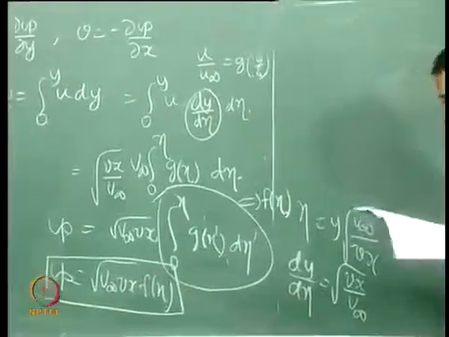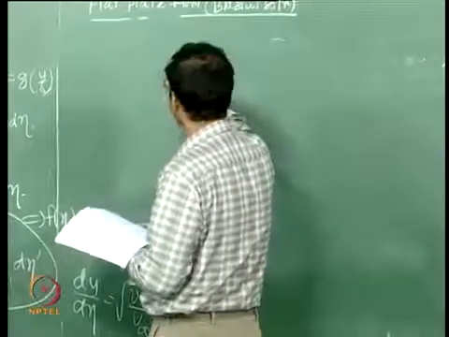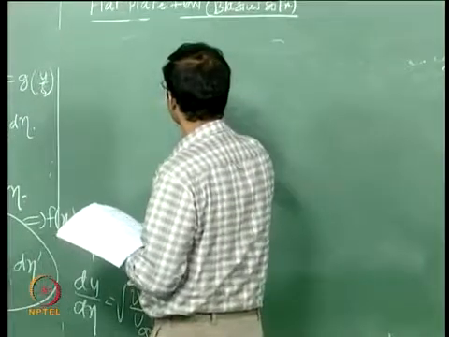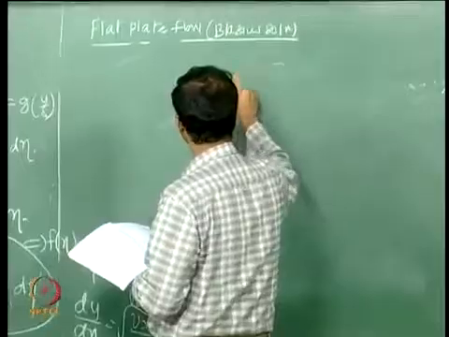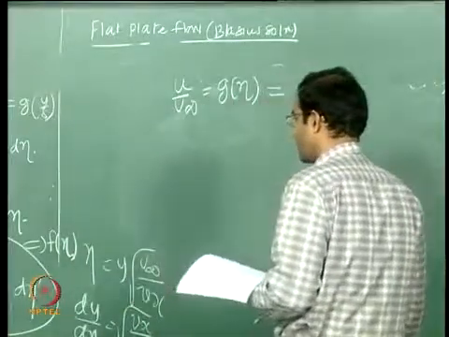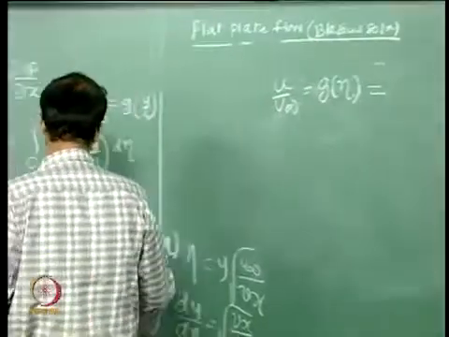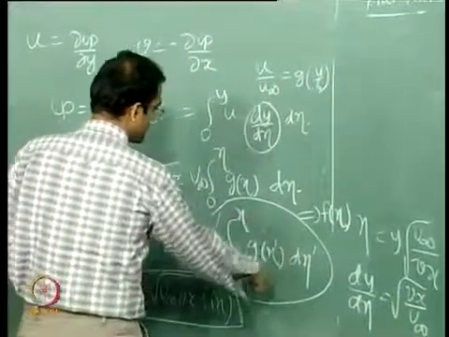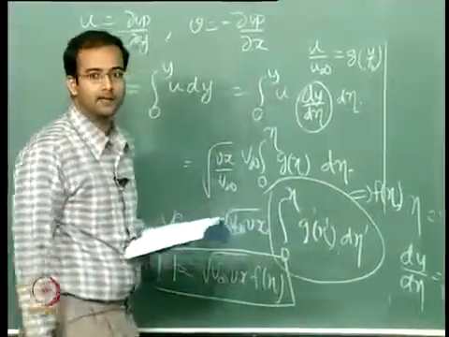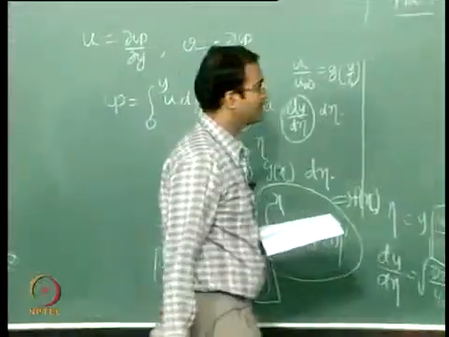So now first your u. u by u infinity we already know is a function g of eta, and g of eta, if you look at this definition, is nothing but df by d eta, because the integral of g of eta is f of eta.